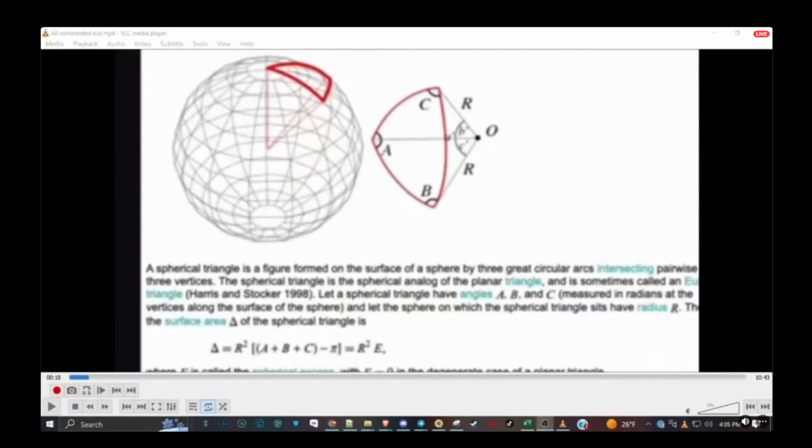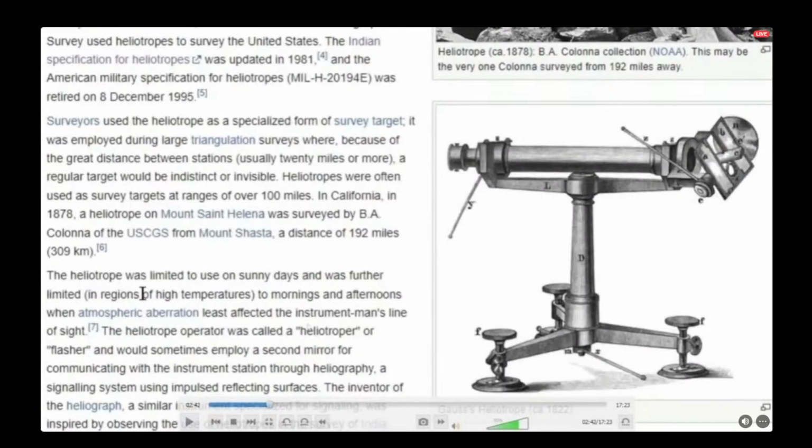Man, I had to stop it. I didn't realize that right there you said, if the Earth is flat, look at the tool that they're actually using to denote over, let's see, 10,000 miles, 11,000 miles. This says it uses survey targets at ranges of over 100 miles. Okay, a distance of 192 miles. Limited to use on sunny days and was further limited in regions of hot temperatures to mornings and afternoons when atmospheric aberration least affected the instruments and lines of sight.